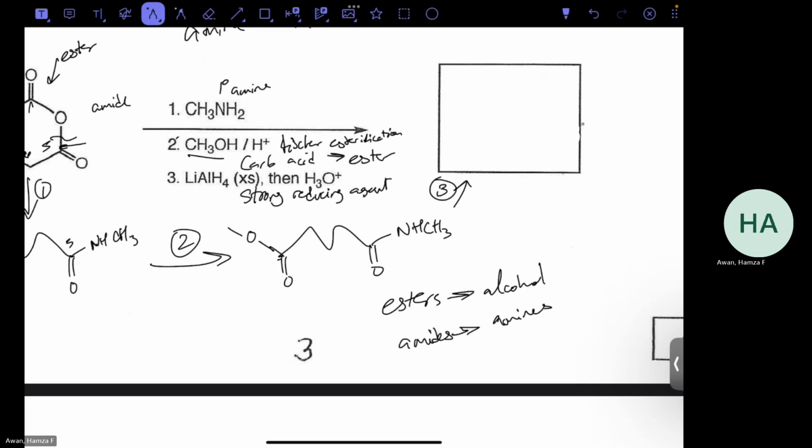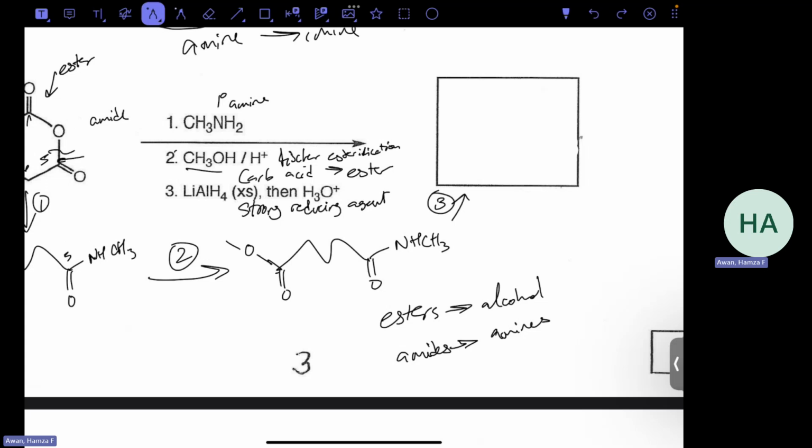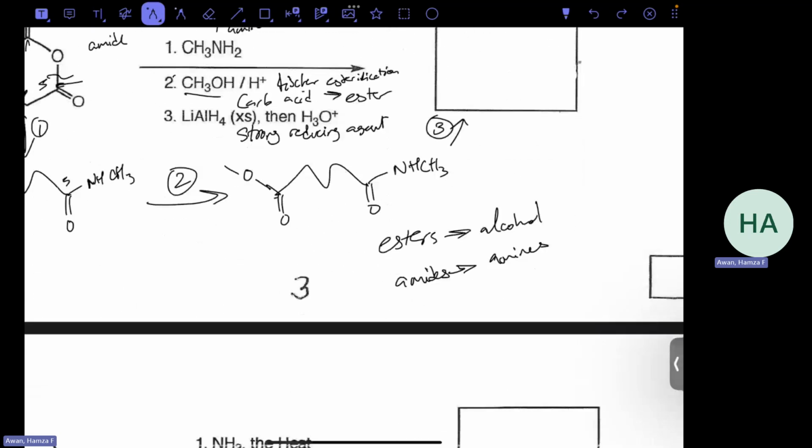In this case, we're going to have a primary amine, or not a primary amine, I guess it's a secondary amine because it has the CH3 attached to it.